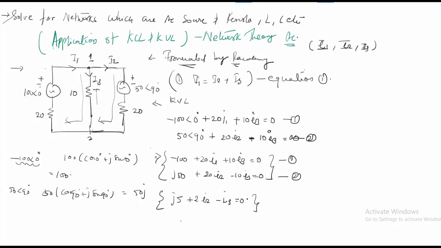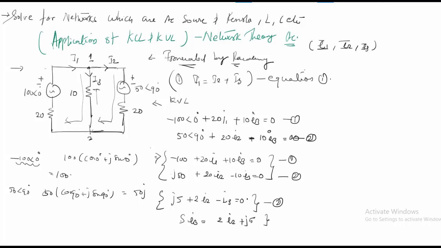So this is my second equation simplified, and from this I can write my I3 is equal to 2I2 plus j5.